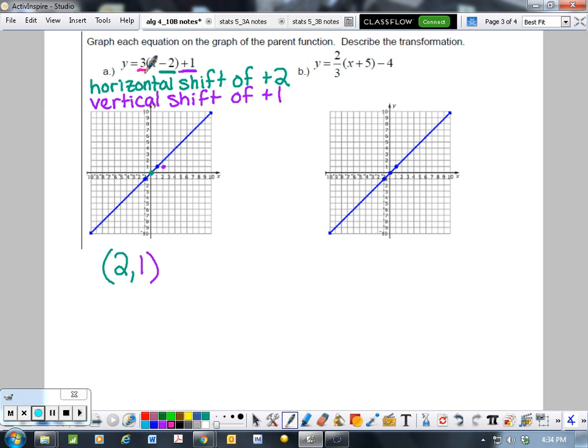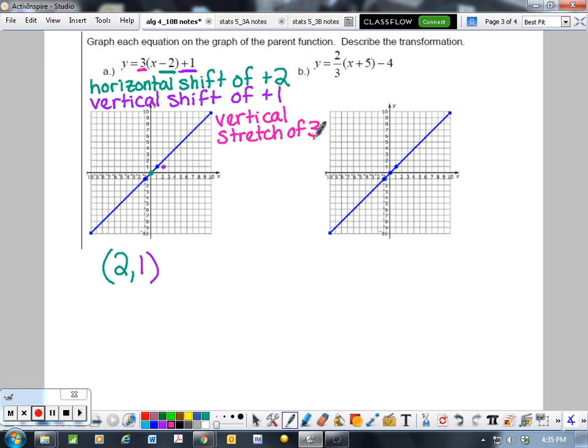Now this number here, that's our slope. So that's telling me that I'm going to have a vertical something. Now if it's bigger than 1, it's a stretch. If it's less than 1, it's a compression. So this is bigger than 1, so it's a vertical stretch of 3. And remember, this is just describing my slope. So really, this is just a slope.